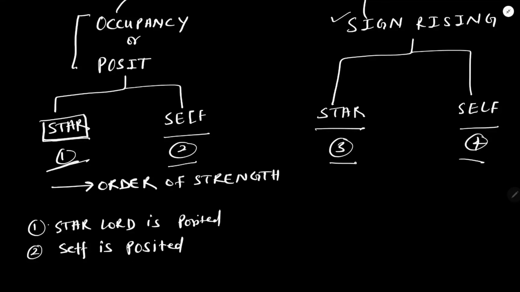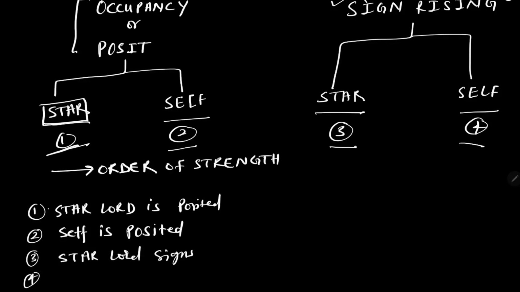Third, the planet will give the result of the house where the sign of the star lord is rising, the star lord's signs. Fourth, it will give the result of all those houses where the sign of itself is rising. So these are the four rules.